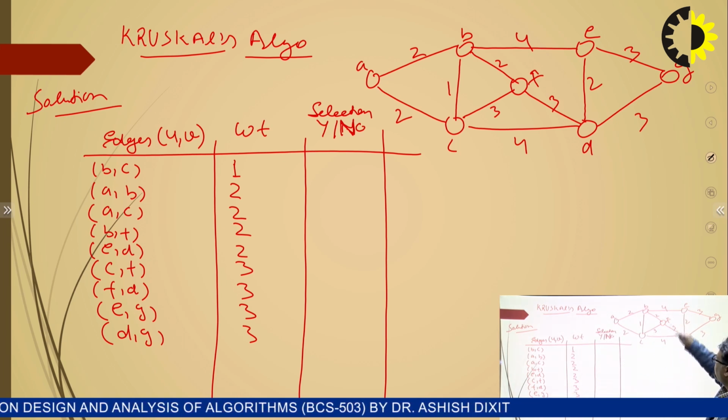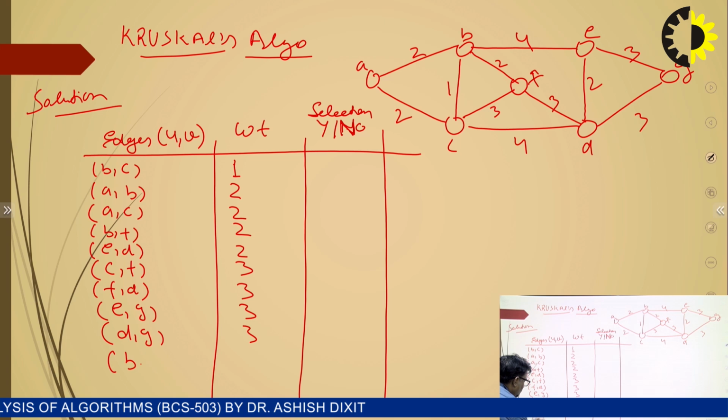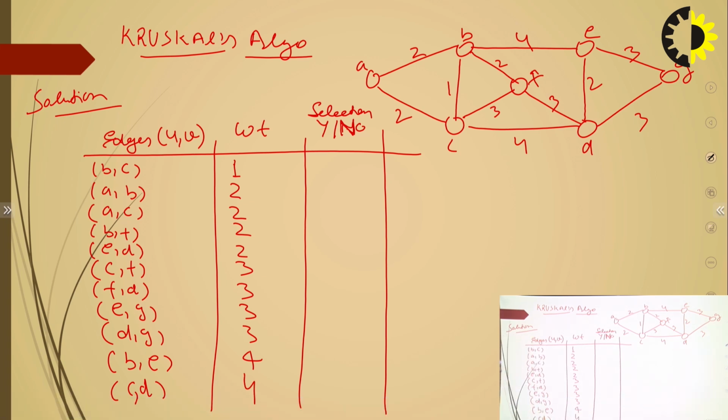Now the remaining edges have weight 4: B comma E is 4, and C comma D also has value 4. Let us check the count: 1, 2, 3, up to 11.